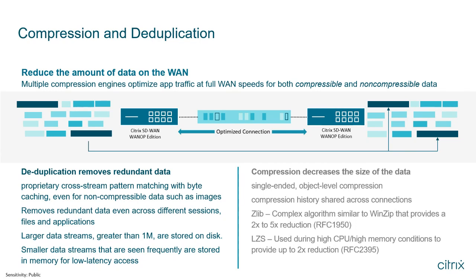We can deduplicate that data through caching so that we can minimize the amount of traffic that it actually has to traverse over the wire for large data streams, etc. And we can actually store and cache bits of that on disk on those devices, so that in an example where multiple users may be fetching a file, those packets can essentially be replayed from local cache versus being traversed over a wire at the cost of latency, and really add responsiveness, especially to repeated calls for the same information that may occur as you traverse to a data center to retrieve different packets of information or different files that may be hot at that time.